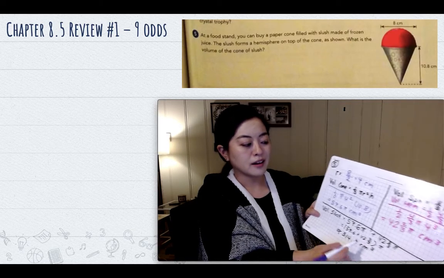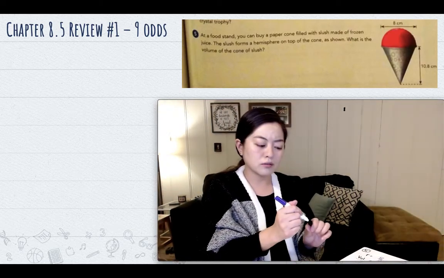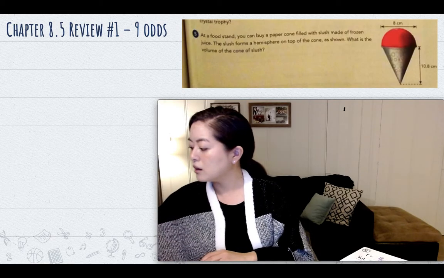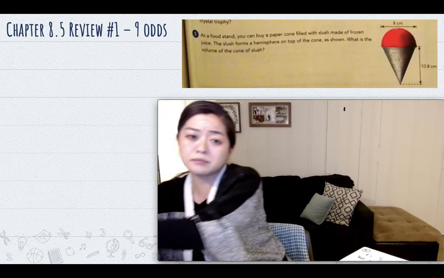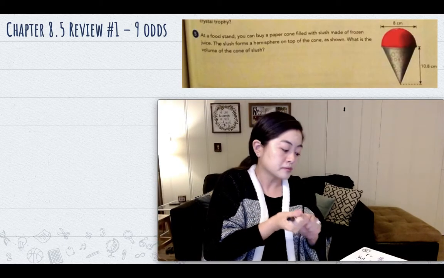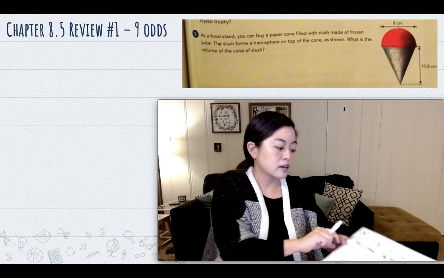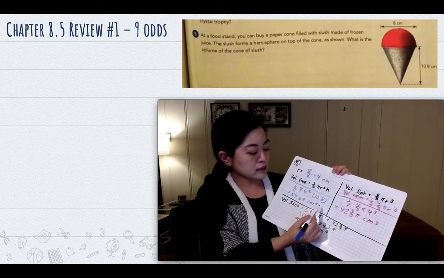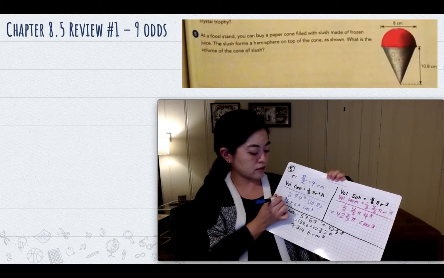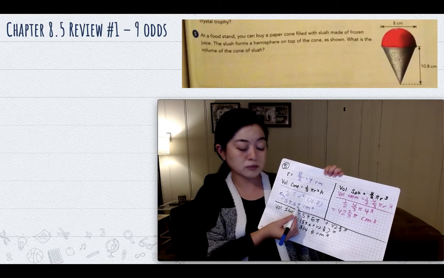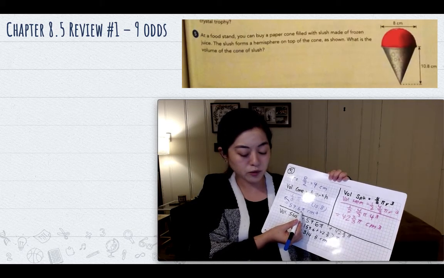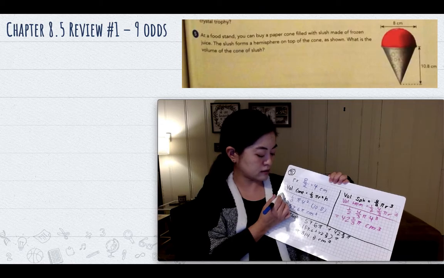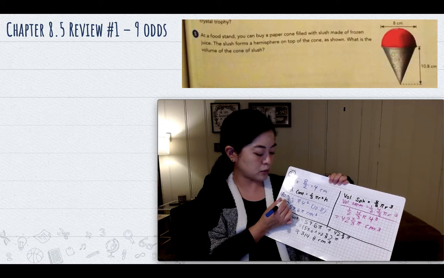Now you might be wondering, well, why couldn't I approximate it earlier? So let me show you. Let's say for this value here, you approximate pi as 3.14. If you round it to the nearest tenth, this becomes 180.9.